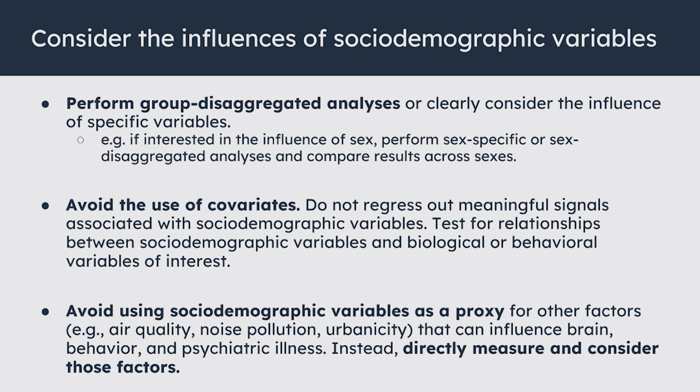A lot of times these variables that we think of as simple ones, like age, sex, and race, are proxies for things that are more complex, like air quality, noise pollution, and urbanicity, which themselves are influencing brain and behavior. By regressing them out, we're losing meaningful information. Instead, we can directly measure and consider those factors. That often seems very challenging, but there's a lot of data out there now where if you just have someone's zip code, or the corresponding measure across different countries, there's linked data that you can relate it to that gives you all of that information.